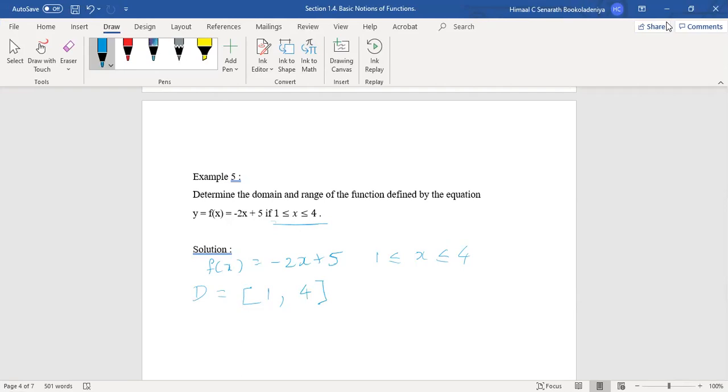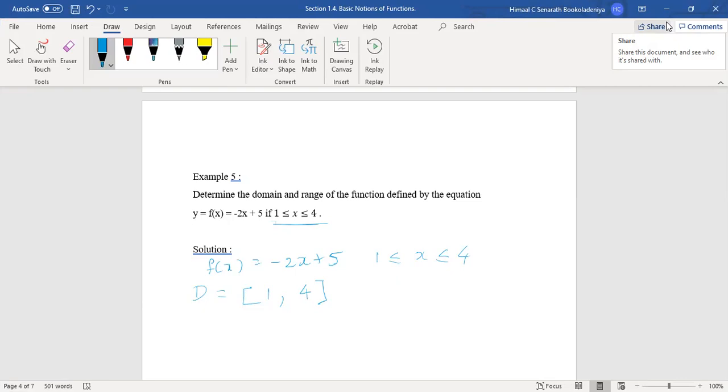Now, how do we find the range? Since this is a continuous function, we know that for sure because it's an equation of a line. In fact, this is a line with negative slope. It is decreasing. Let's substitute these end values and find the function values.